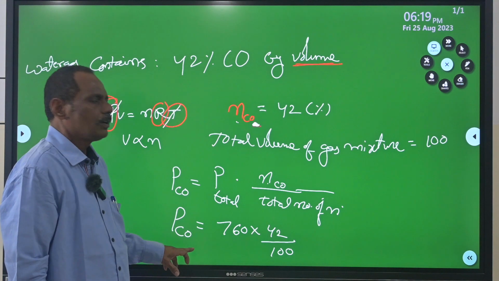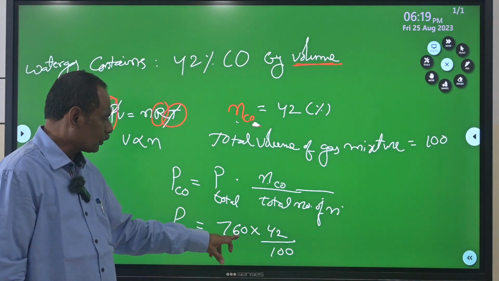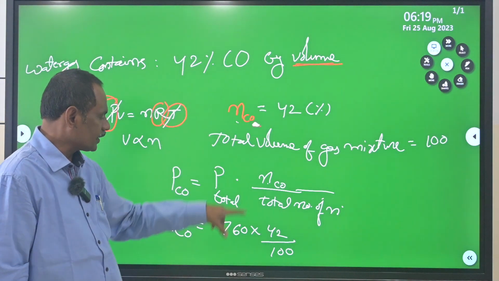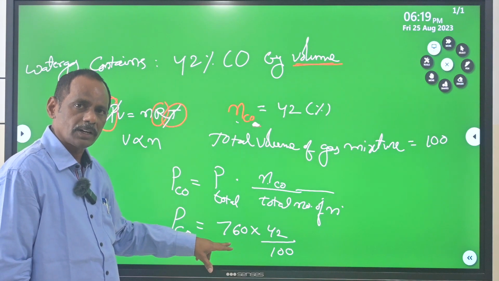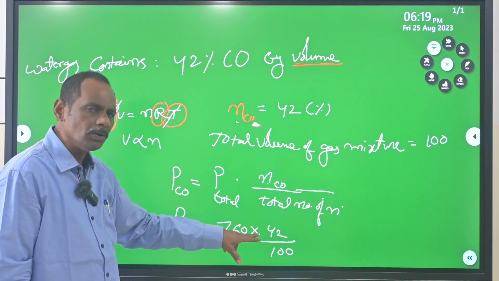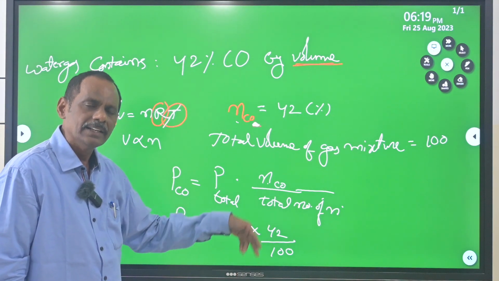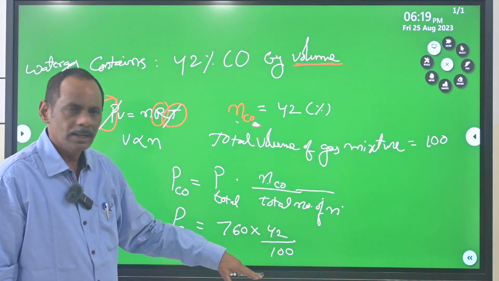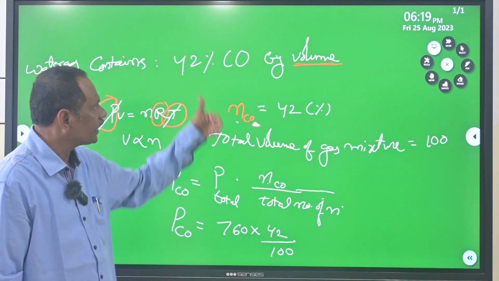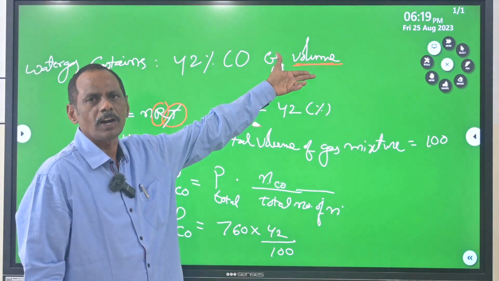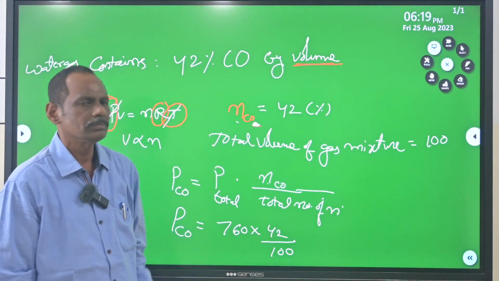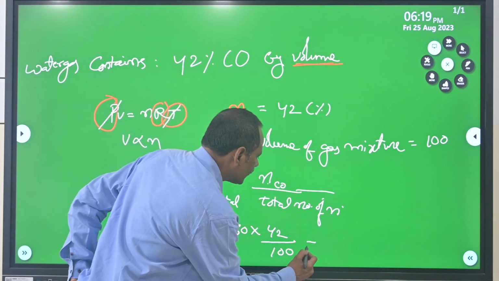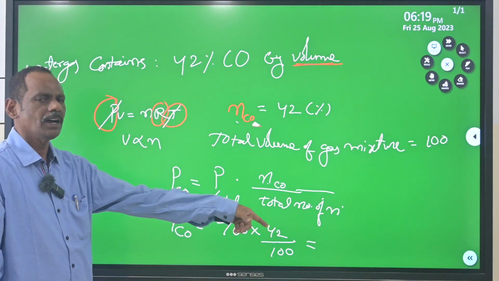Therefore, the partial pressure of carbon monoxide is equal to the total pressure of the water gas, 760, times the mole fraction of carbon monoxide. That means number of moles of carbon monoxide by total number of moles, which is nothing but the volume of carbon monoxide by total volume. Now, if you calculate it, it gives the answer.